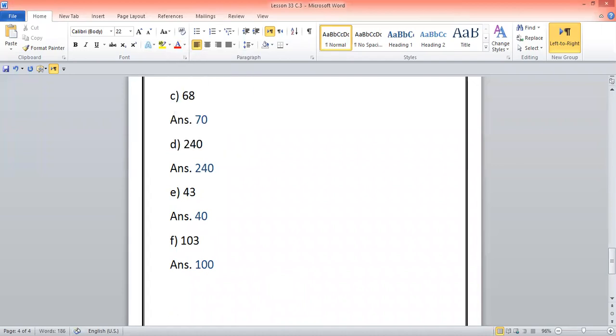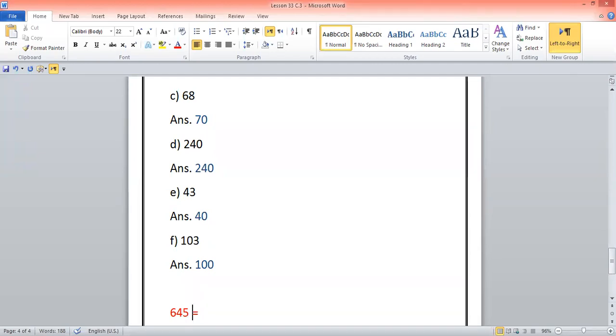Let's suppose you have to round off 645 to the nearest 100. The concept is different in rounding to the nearest 100. Guys, remember when I started the topic rounding to the nearest 10, I asked you to check very carefully which number you are rounding up to. 10, 100, 1000, 10,000, no matter.